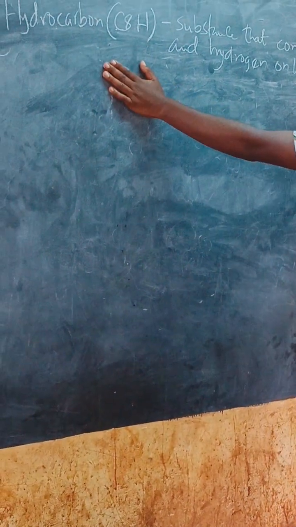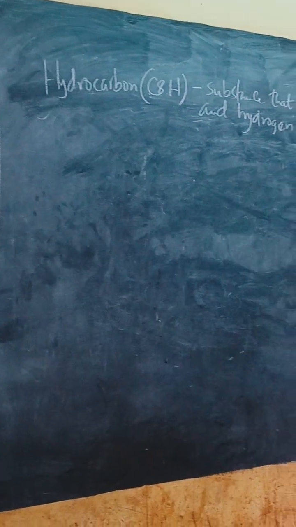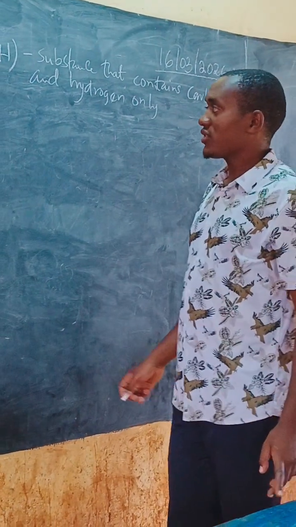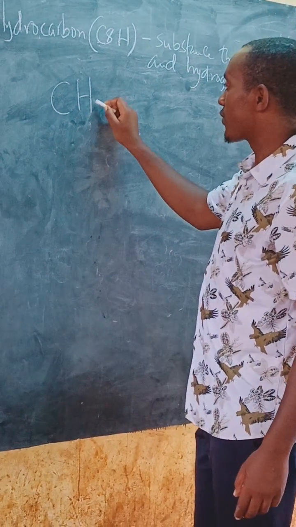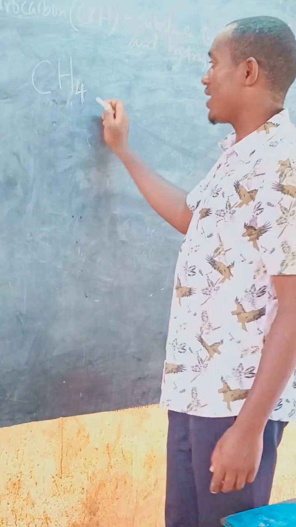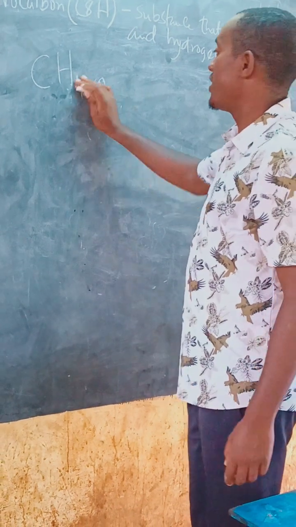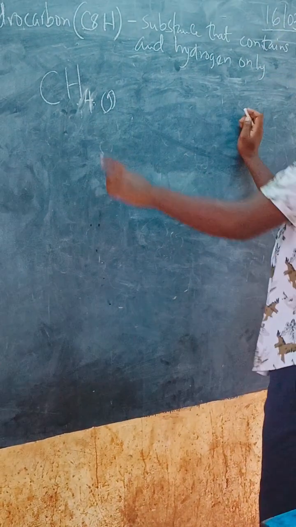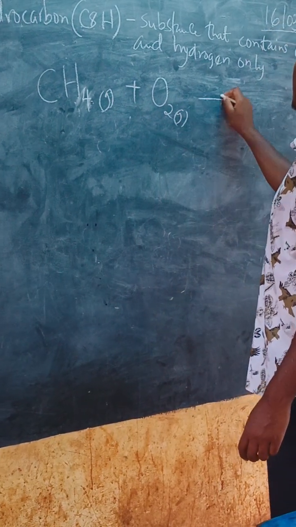So a hydrocarbon is a substance that contains carbon and hydrogen only. For example, the hydrocarbon from biogas is methane, CH4. Methane CH4 is an alkane. So CH4 gas, when you combine it with oxygen gas, is going to give two products.